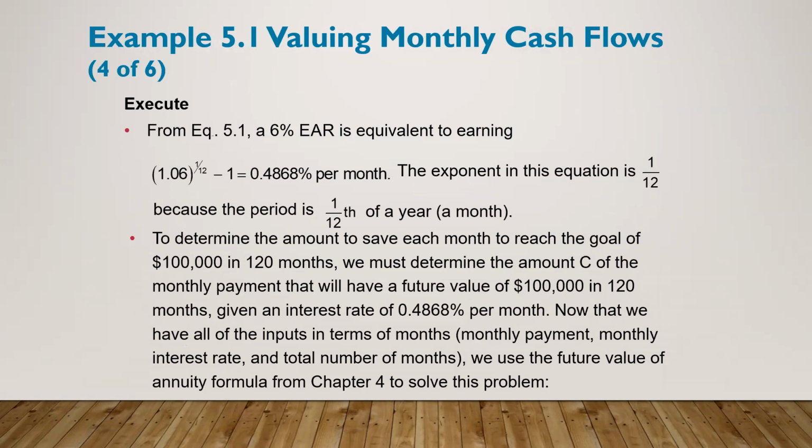To execute from equation 5.1, a 6% EAR is equivalent to earning 1.06 in parentheses to the 1/12 power minus 1 equal 0.4868% per month.